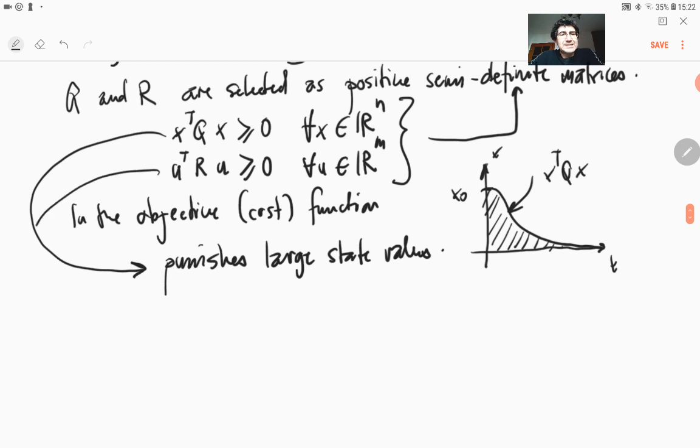Whereas the second term essentially punishes large input values.